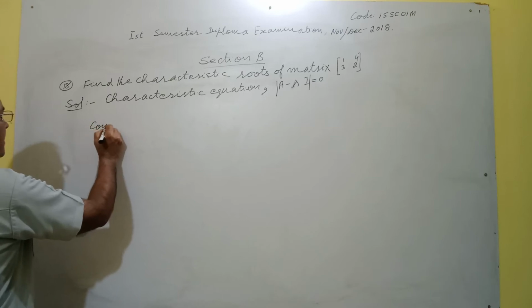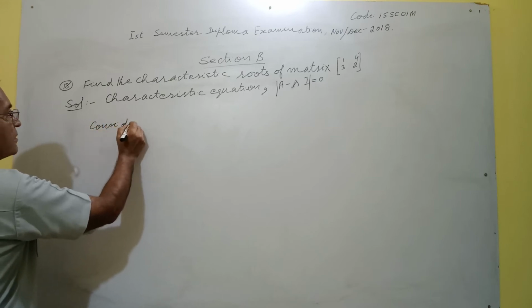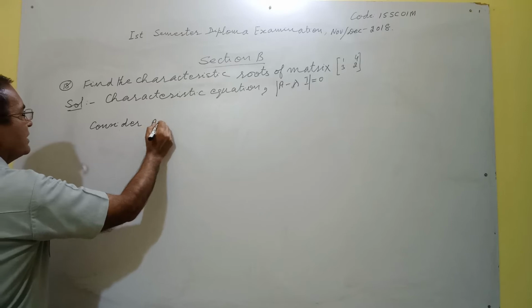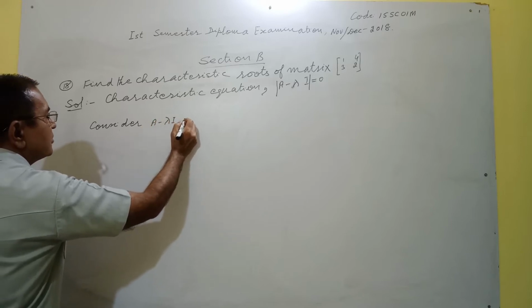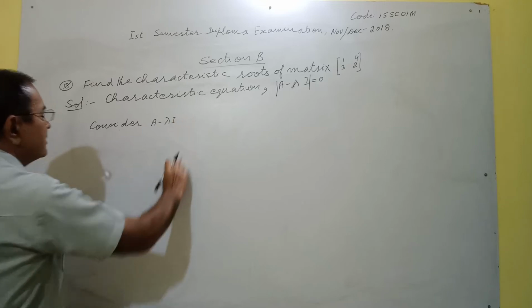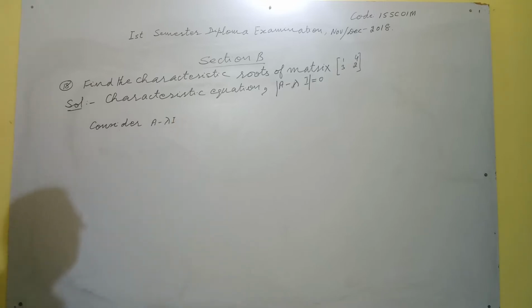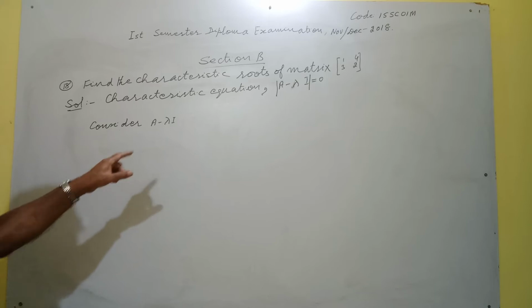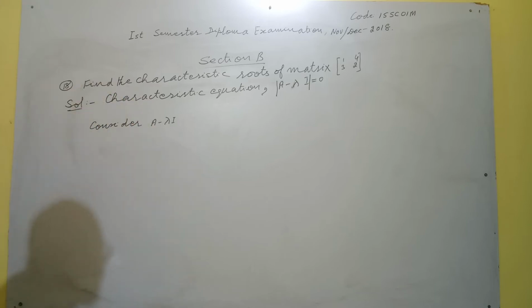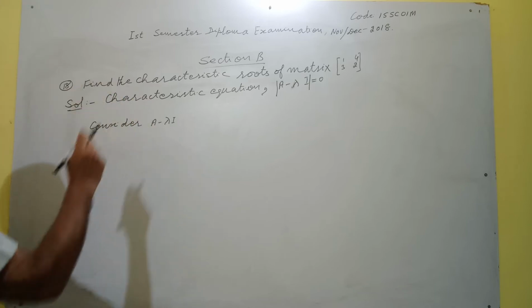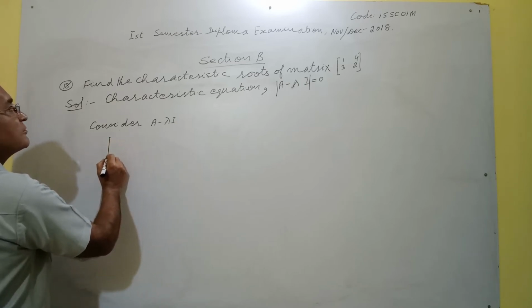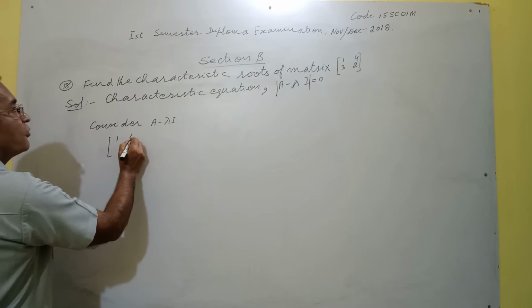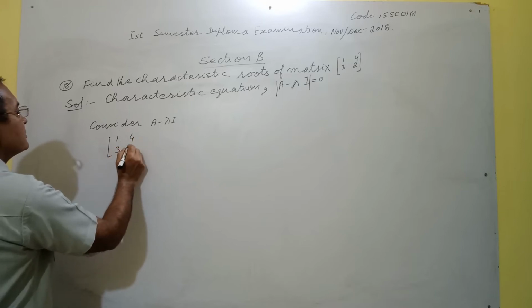Consider A minus lambda I. Until and unless determinant is not there, you can't put 0. So just consider the inner part of the determinant. Put the value of A, 1 4 3 2.